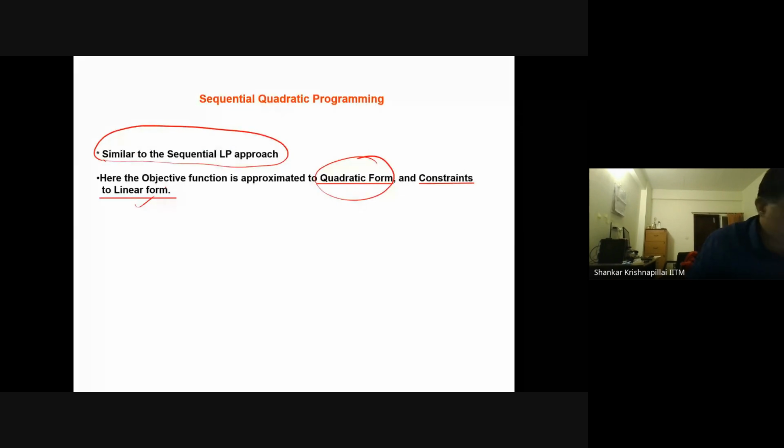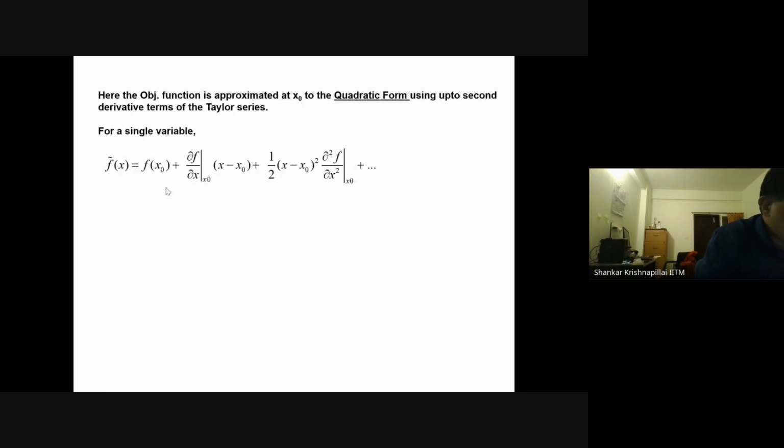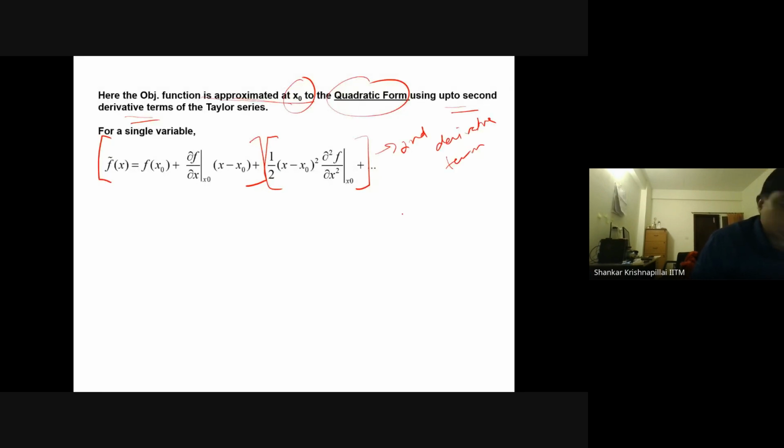The objective function is approximated at x0 to quadratic form, using terms up to the second derivative of the Taylor series. In the last slide, we used terms up to the first derivative for the linearization. But for converting to quadratic form, you have to add this second derivative term to the Taylor series approximation. So now you get the quadratic approximation.